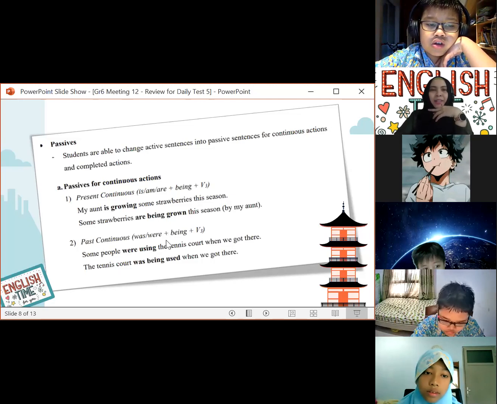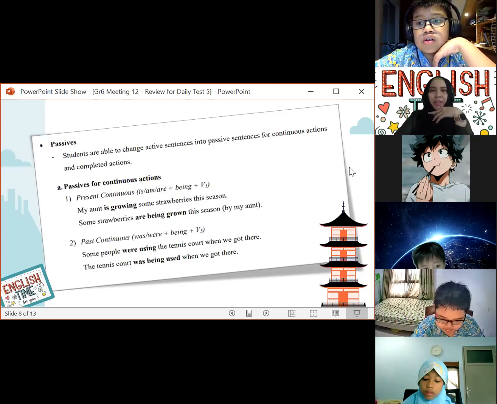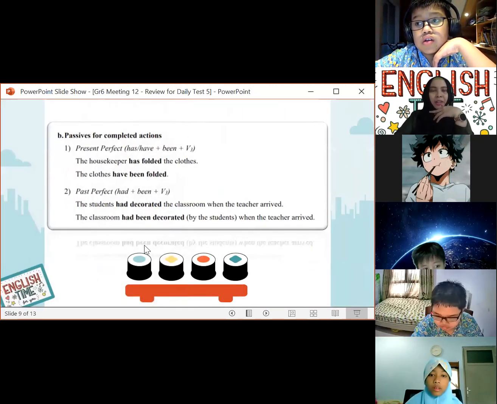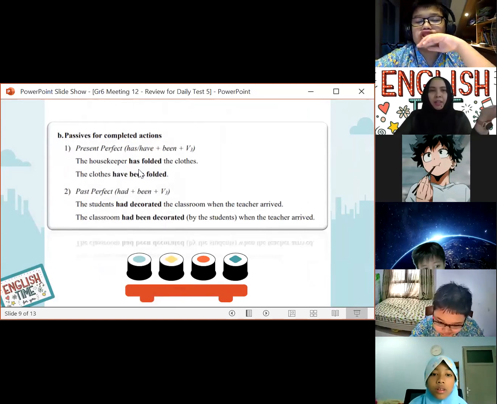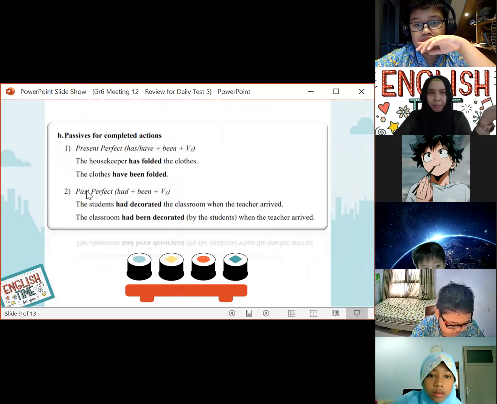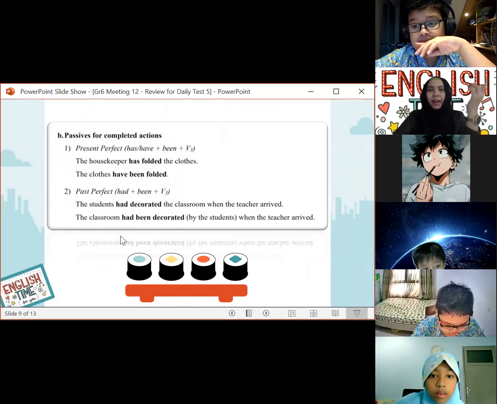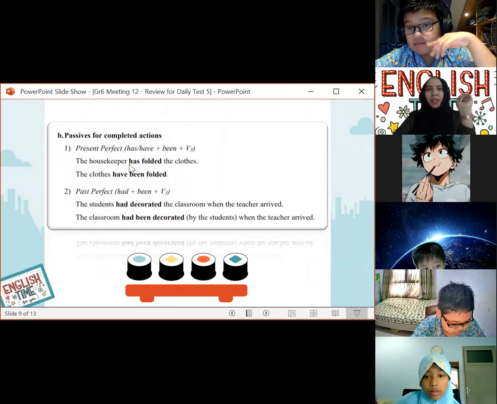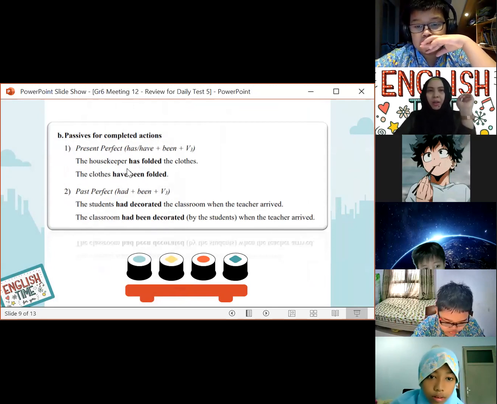Now, these are for continuous actions, and these are for completed actions. The completed actions use the present perfect and past perfect. After you look at the object, you check this, has or have.